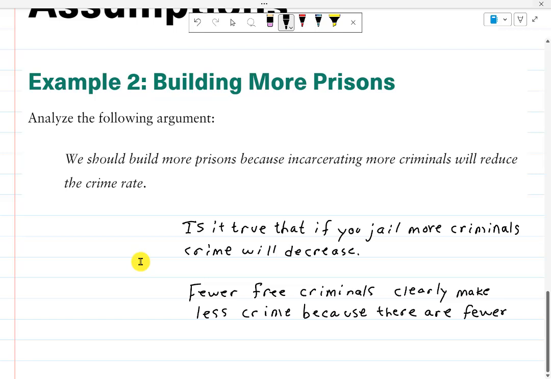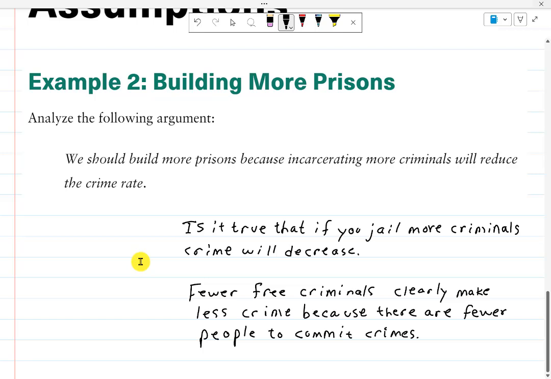So these free criminals are the ones that are committing the crimes, or so we think. So if you have fewer of them to commit crimes, just by the nature of there being fewer of them, they will simply commit fewer crimes. This may seem obvious to a lot of people.